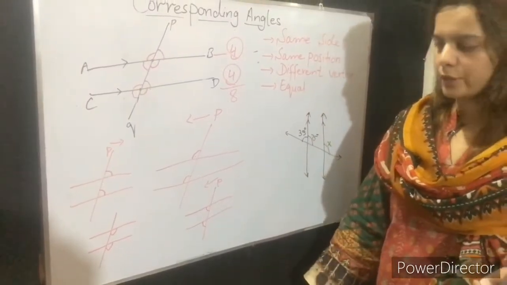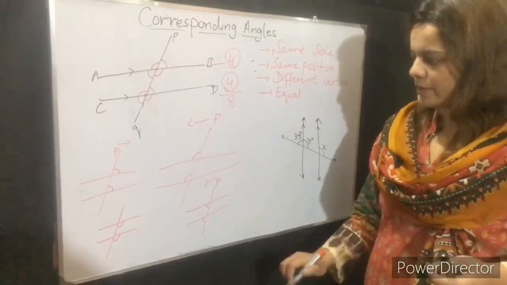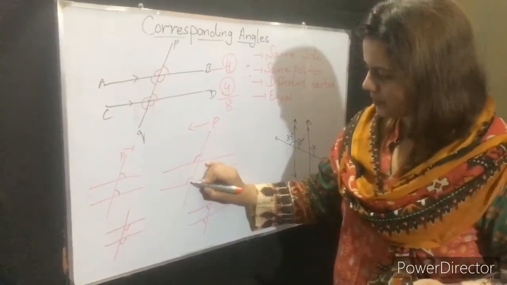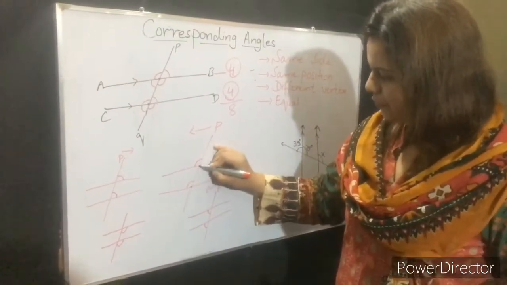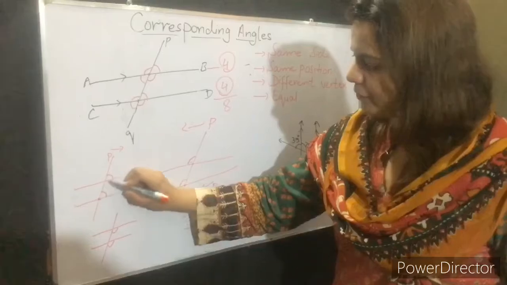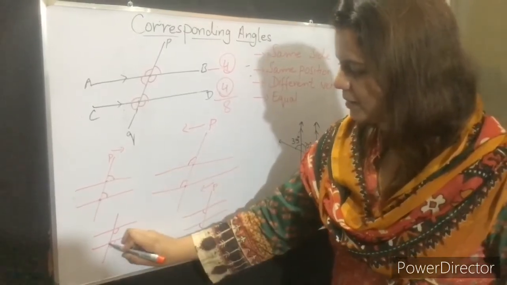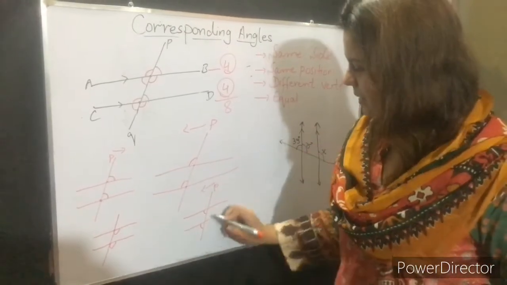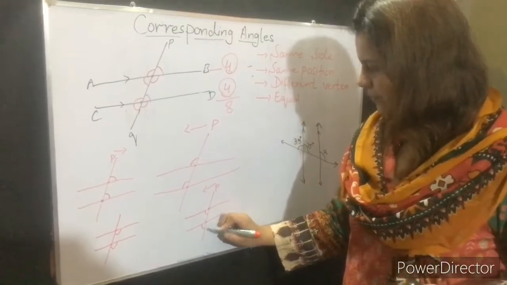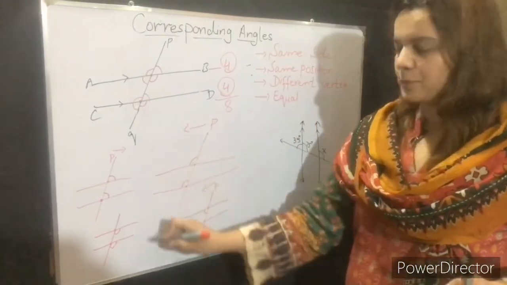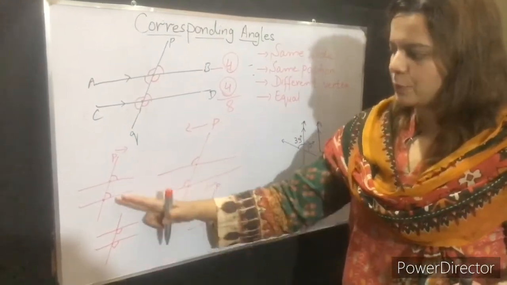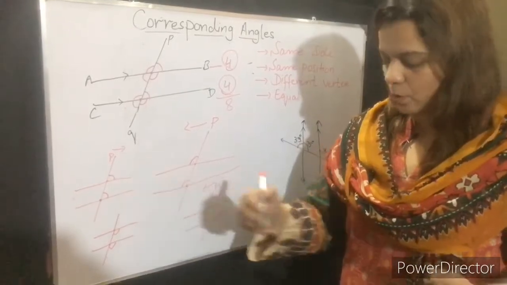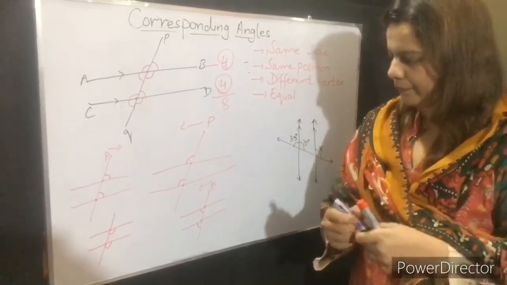Both are corresponding angles. In short, the properties are fulfilled: different vertex, same side and same position. You need to keep this in your mind. So we have 4 types of shapes when two parallel lines are cut by one transversal line.